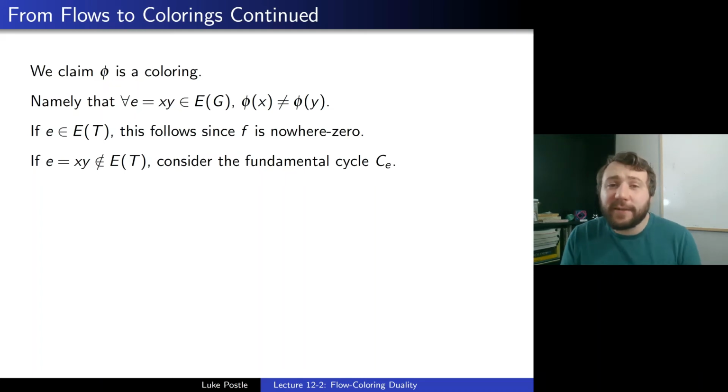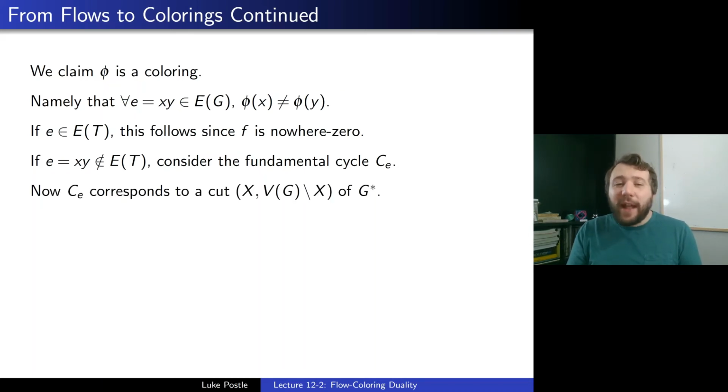Consider the fundamental cycle C of e. If you go back to that previous picture and take an edge that's not in the tree, it would have this fundamental cycle. That corresponds to a cut, right? A cycle, this C of e, will be a cut in the dual graph. It'll cut the inside and the outside faces from each other.